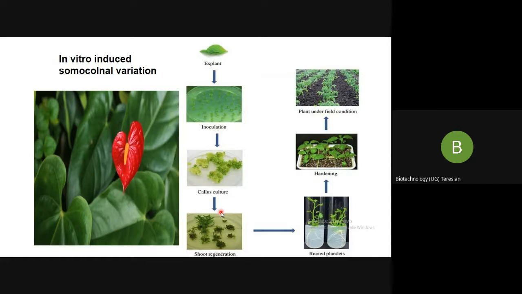As I told, the cultures now are called in vitro induced variation. The explant tissue undergoes a process of various regenerations like dedifferentiation, and generates other morphogenetic responses or various stages of cell growth.